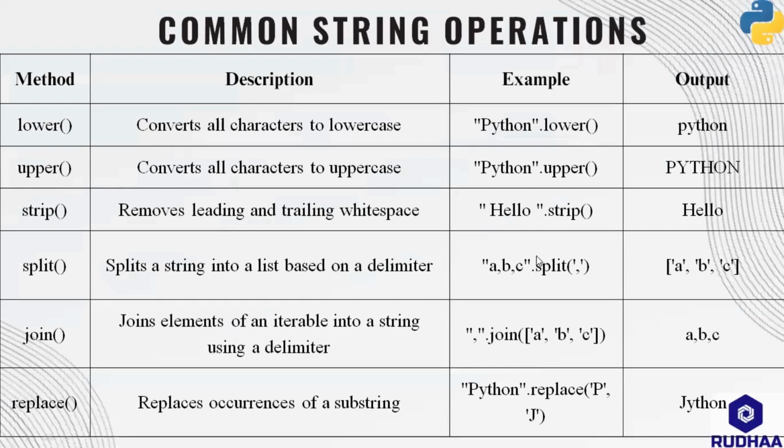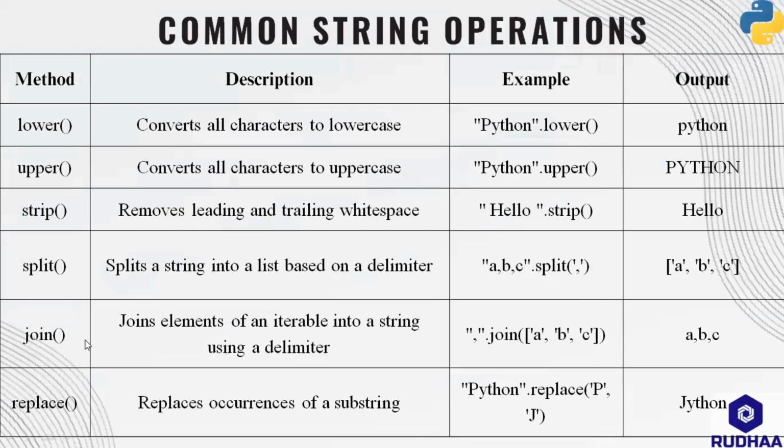So when we are using this split command, it is converted into a list. So list contains each element in the form of a string. So here the whole string is converted into separate strings. So A is a separate string, B is another separate string, and C is another separate string. So this function is performed by the split operation.